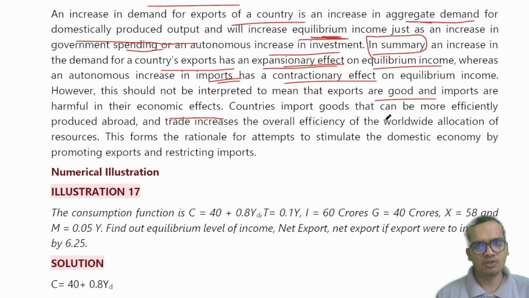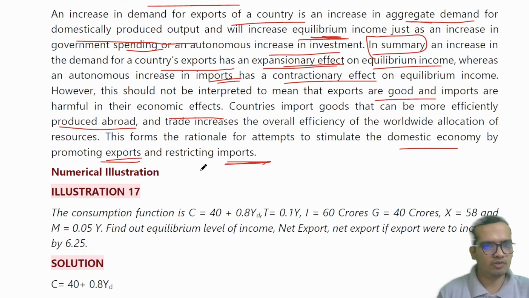Countries import goods that can be more efficiently produced abroad, and trade increases the overall efficiency of the worldwide allocation of resources. This forms the rationale for attempts to stimulate the domestic economy by promoting exports and restricting imports.